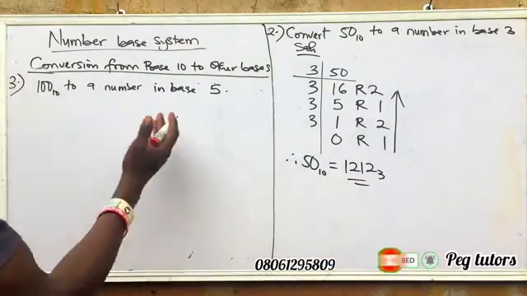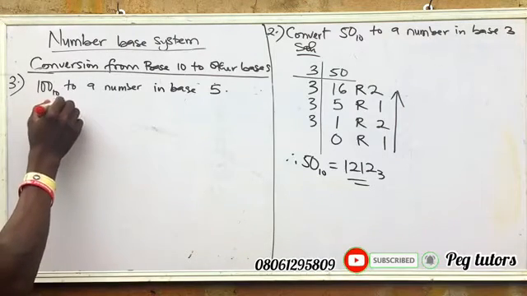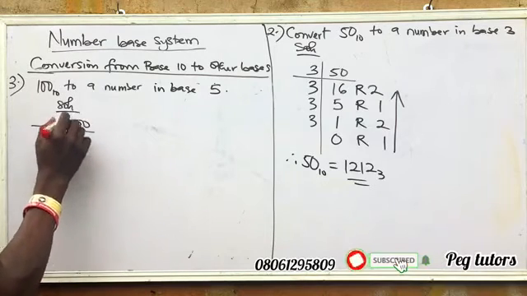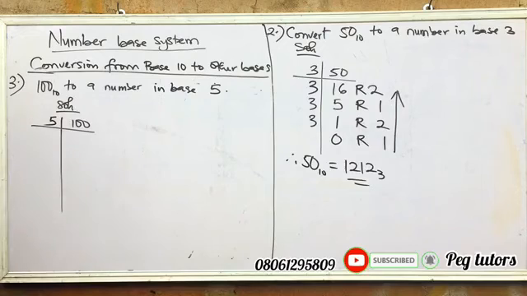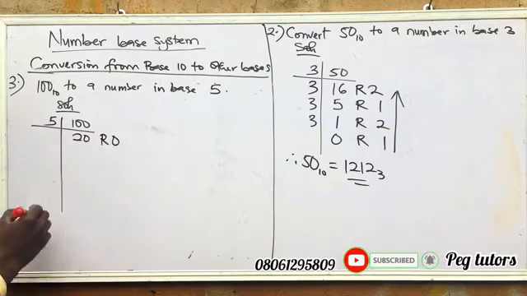So you can see we are converting from base 10 to other bases now. So how do we convert this? As usual, you know what to do. Draw this, put your 100, which is the value in base 10. Then you have 5 here, dividing all through. So 5 into 100 will definitely give you 20, remainder 0, of course.